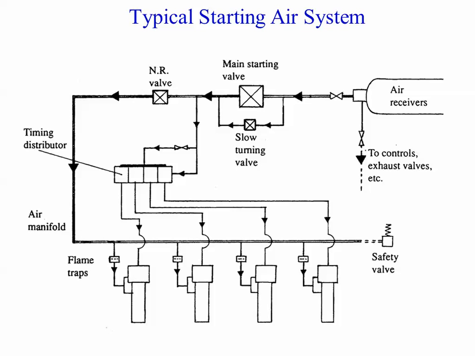What can happen, and I think you've probably seen this on the Bear, is that when you drain the start air receivers, you will get some lube oil from the compressors. Well, if you have oil in the start air system lines, that can burn and cause an overpressurization. You notice the safety valve in this drawing.